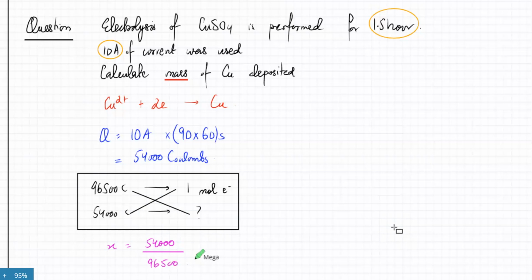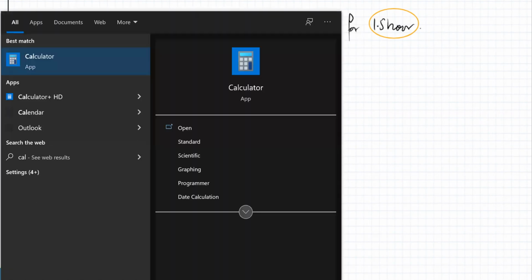So what are we getting? How many moles of electrons? 0.56. No, it can't be 0.56. What's going on? Where are your calculators? Just a second.